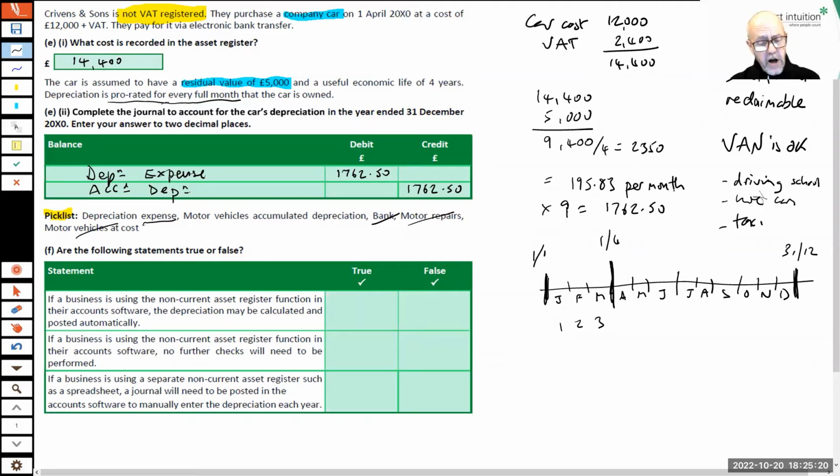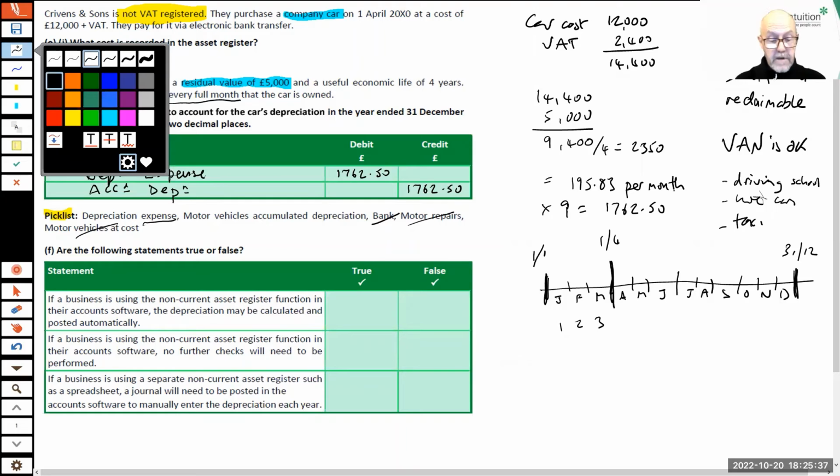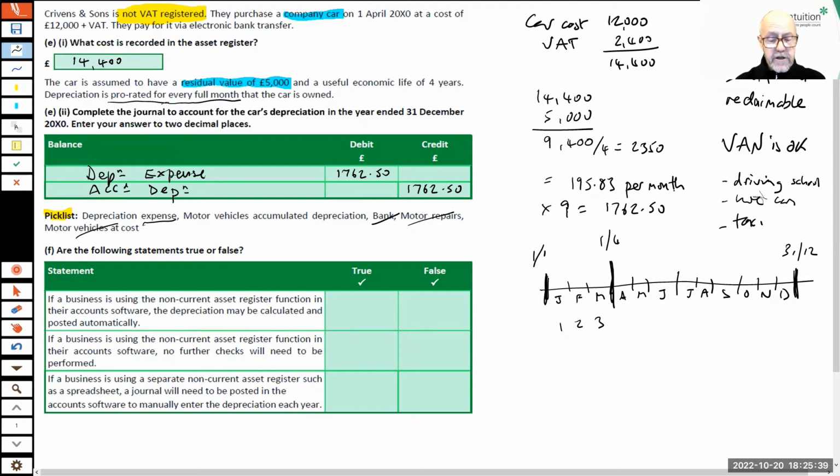Next bit of the question: are the following statements true or false? If we are using the non-current asset register function in our accounts software, the depreciation, and an interesting word here is not will always, but the depreciation may be calculated and posted automatically.